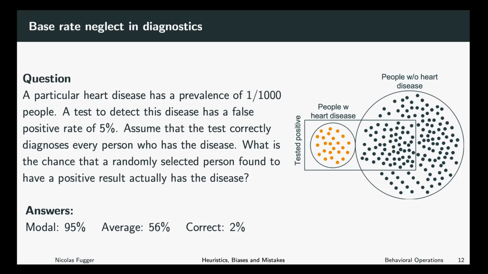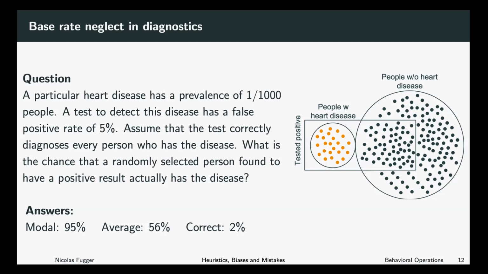So what you can see is, ex ante, there are way more people without a heart disease than with a heart disease. From the people with a heart disease, everyone is tested positive. However, from the group of people without the heart disease, there are still some people tested as positive. These are the false positives, the 5% false positive.